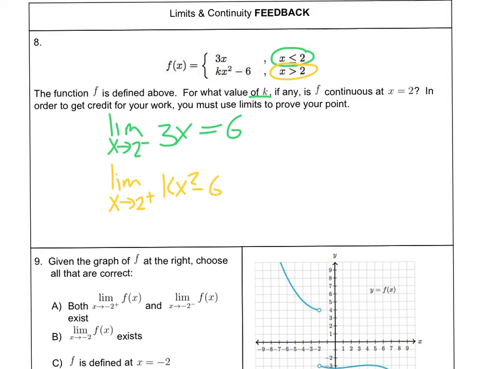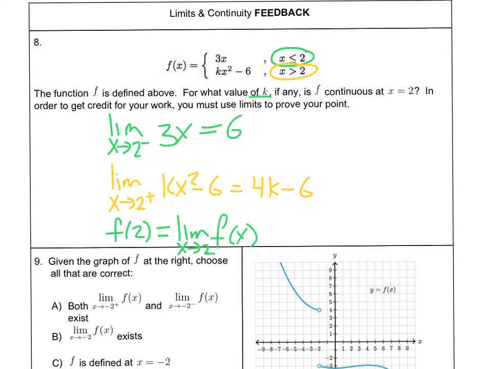And when I plug this in, we get k times 2 squared, which is k times 4, or 4k, minus 6. And finally, you do need to say that f of 2 is equal to this limit. But for this to exist, the whole thing has to be equal to each piece.